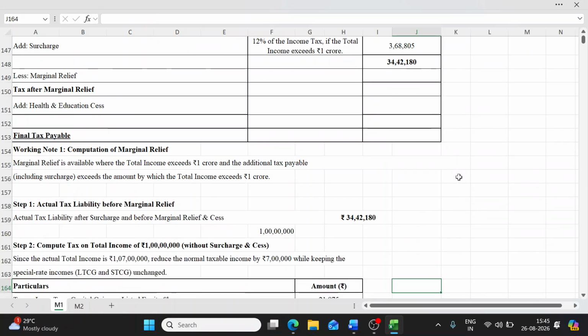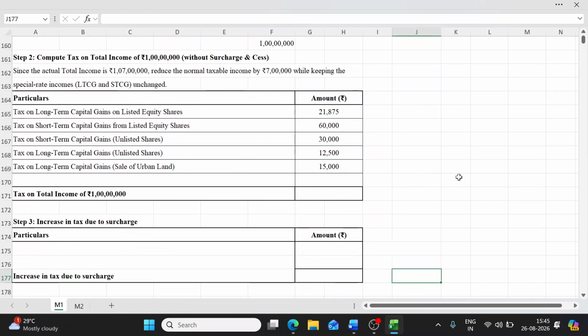In order to calculate the balance income from a total of 1 crore, because here we are assuming our income is only 1 crore, I'll deduct all these special rate incomes, totalling 9 lakh 20,000. So the income is now 90 lakh 80,000.